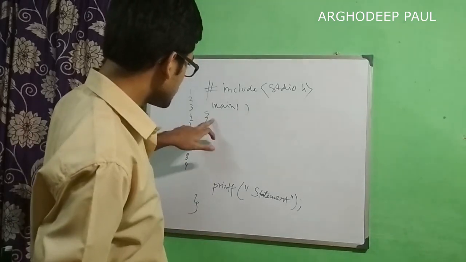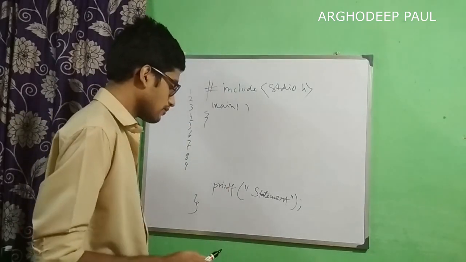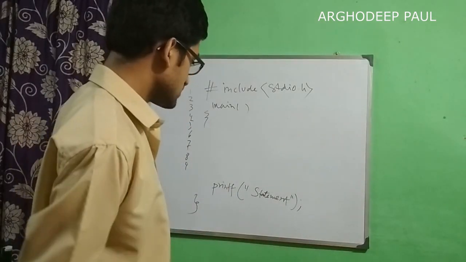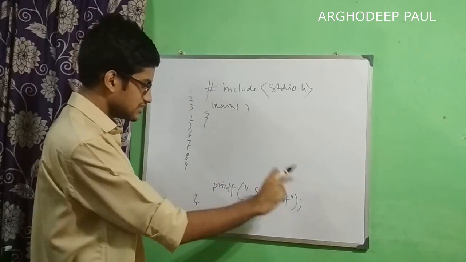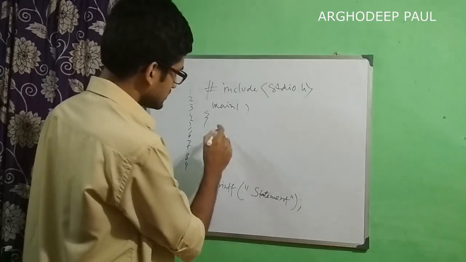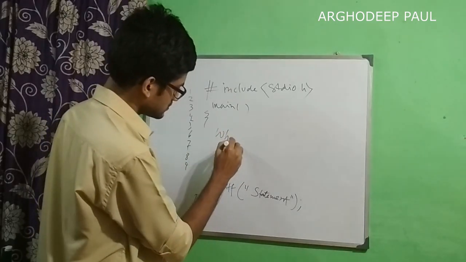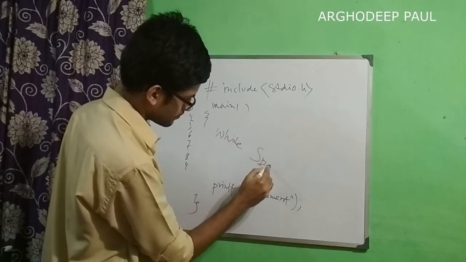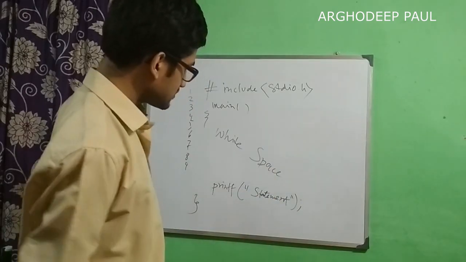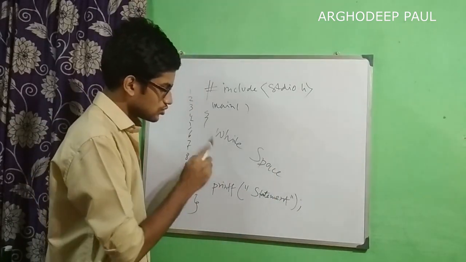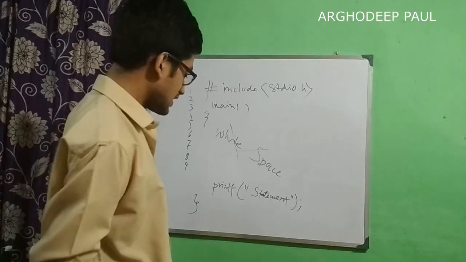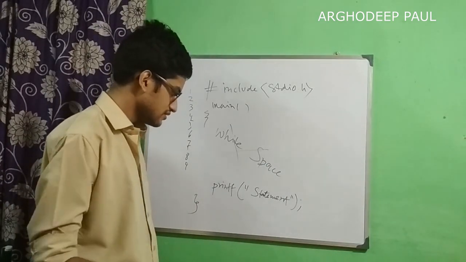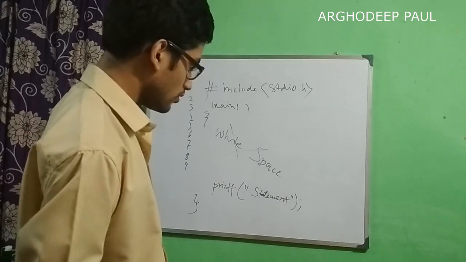I just started the brace and then hit enter. Multiple times I just hit enter and I have created 5 to 6 empty lines, and this empty line is known as the white space. So the compilers are designed to ignore this white space. It will not give any compilation error or any kind of warning or alert.